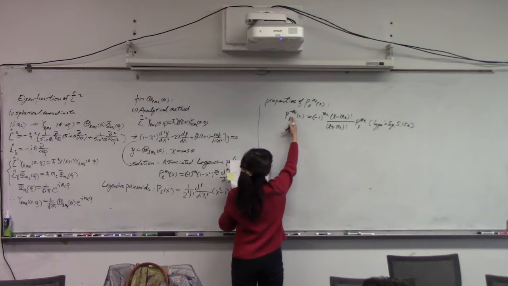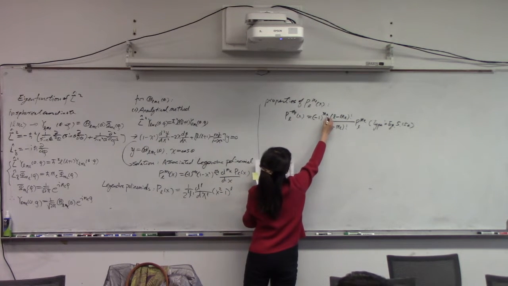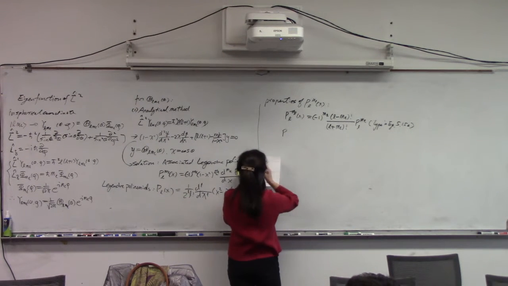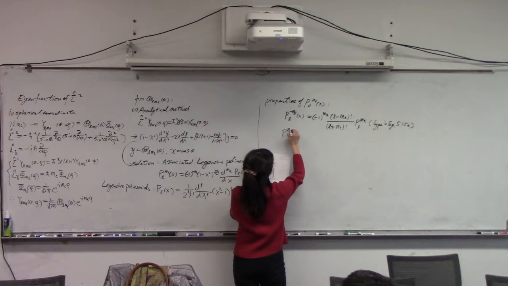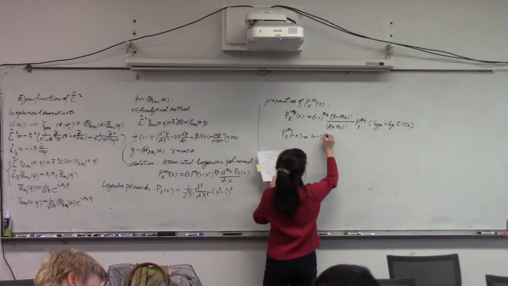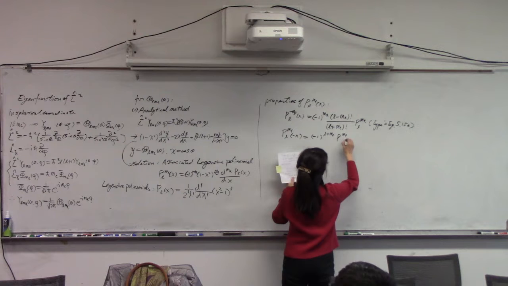This is the relation between the negative m and the positive m. Second one: if x is negative, that is another relation. P_l^m of minus x equals (-1)^(l+m) times P_l^m of x.